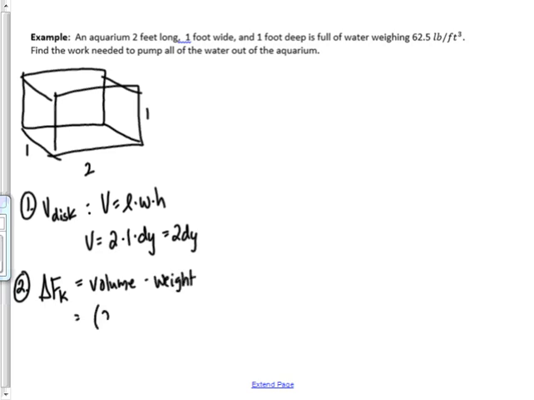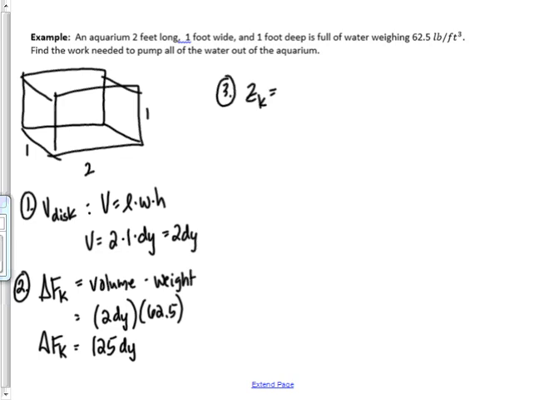That's 2 dy times 62.5, so delta F sub k is equal to 125 dy. Then the distance lifted, z sub k, is 1 minus y, since it's only a foot deep.